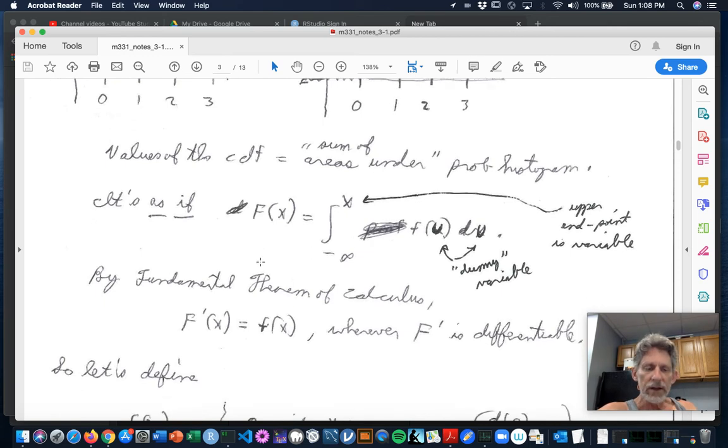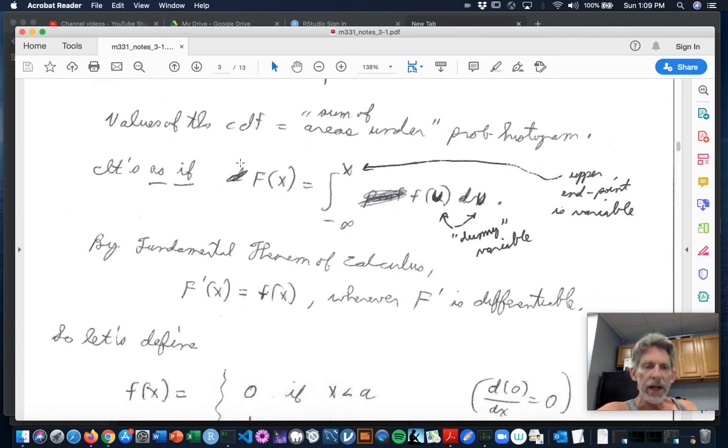It said that when you have one of these area under the curve functions, where the upper endpoint is the variable, then the derivative of that function is the little curve that you're finding the area underneath, evaluated at x.